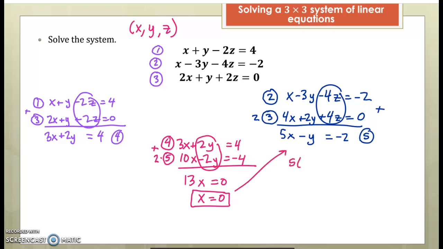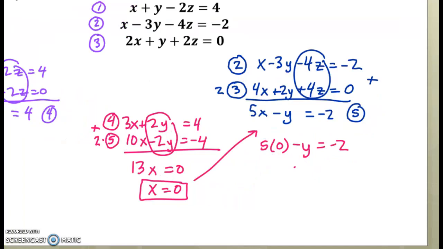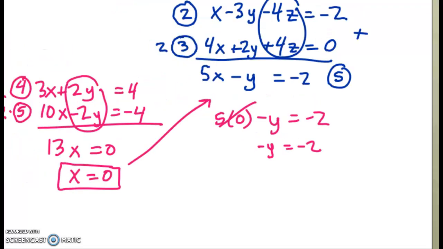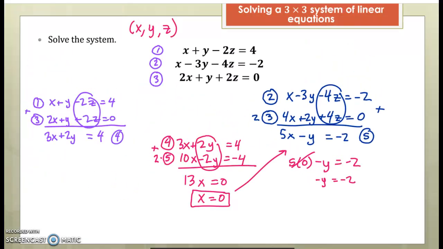So I get 5 times 0 minus y equals negative 2, or this is going to go to 0, so I get negative y equals negative 2. Now, if negative y equals negative 2, what does y equal? Y equals a positive 2.